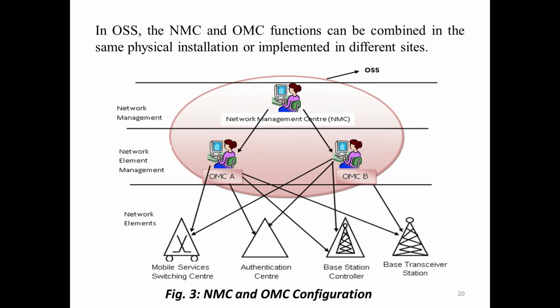See the first level, network management, the second level, network element management, and the network elements, which include the mobile services switching center, the authentication center, the base station controller, and the base transceiver station. And you can see you can have more than one OMC, but one NMC.